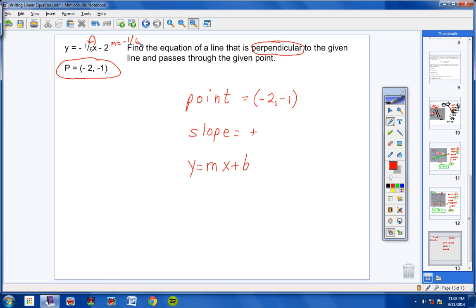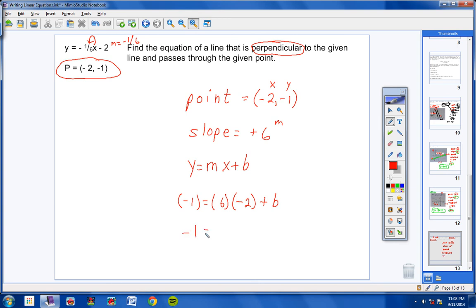It's 1/6, so we flip it and we get 6 over 1. Look at that. We have our point, we have our slope, we have our formula. This is your x, this is your y, this is your m. We are all set. For the y, I'm going to substitute negative 1. For the m, I'm going to substitute 6. And for the x, I'm going to substitute negative 2 and then bring down my positive b.